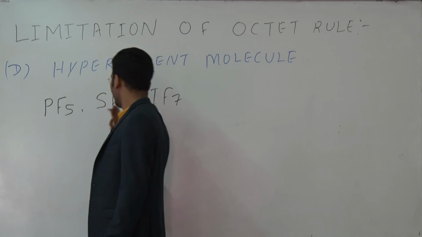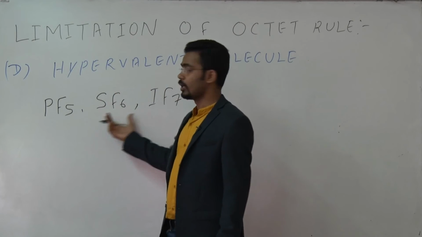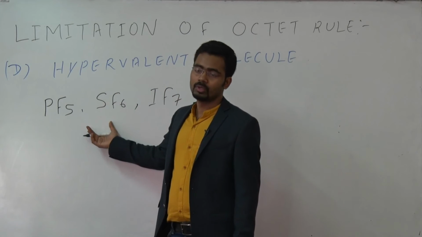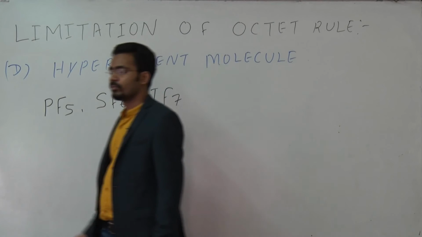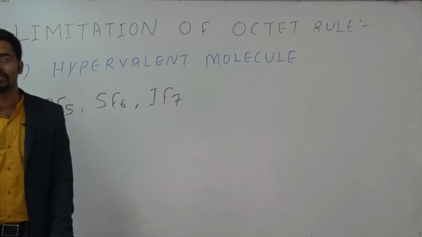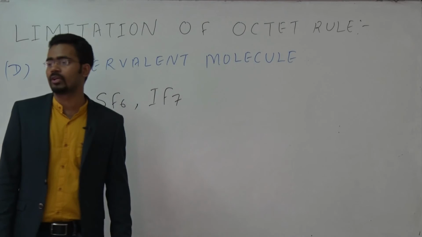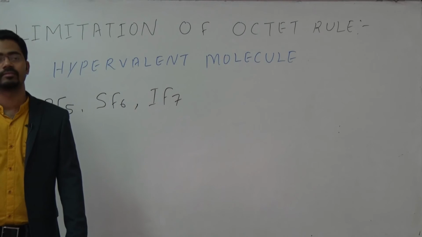All are exceptions to the octet rule. So how do you identify which will obey the octet rule or not? Tell me, what is the technique?